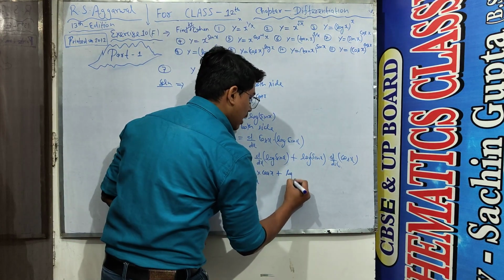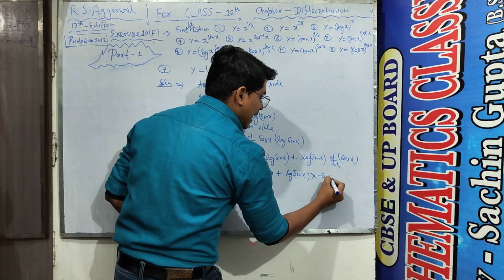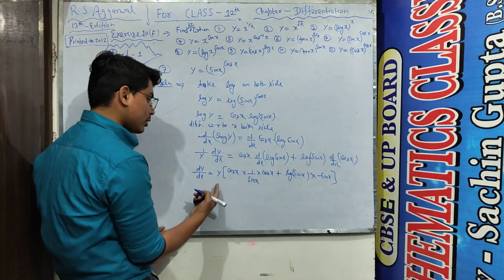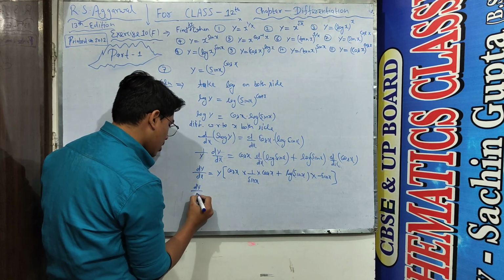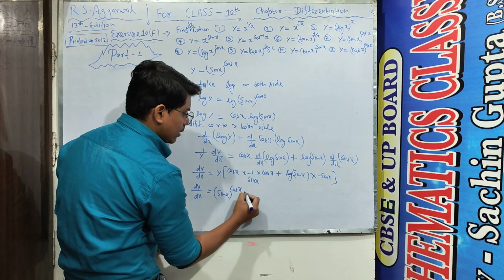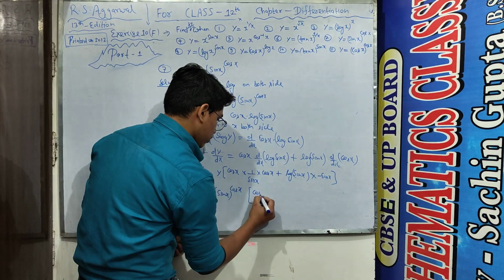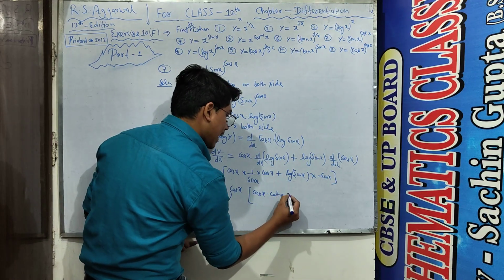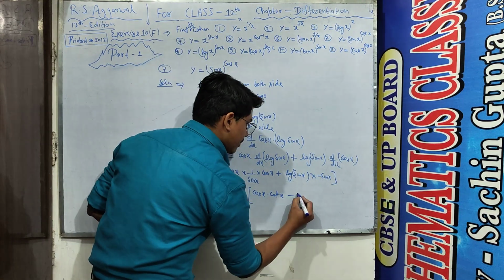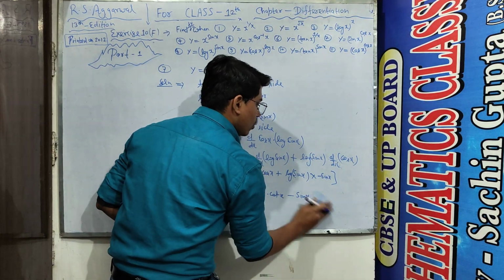Now log sin x I write as well, and the differential of cos x is minus sin x. The value of y is sin x raised to the power cos x, so I write the value of y here, that is sin x whole power cos x, and cos upon sin is cot. So I write cos into cot x, minus, because here comes minus, sin x into log of sin x.